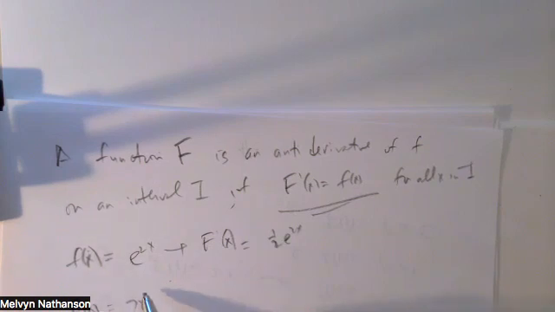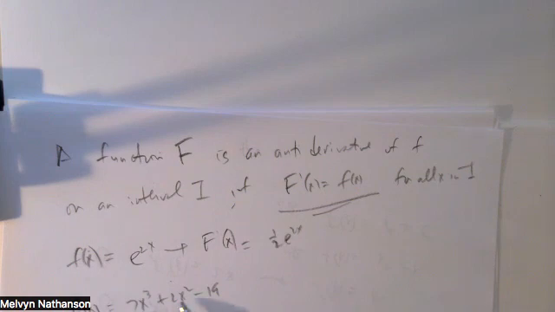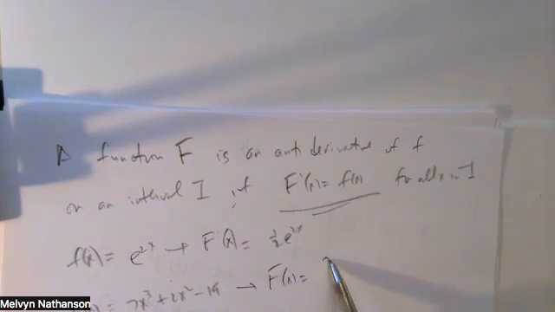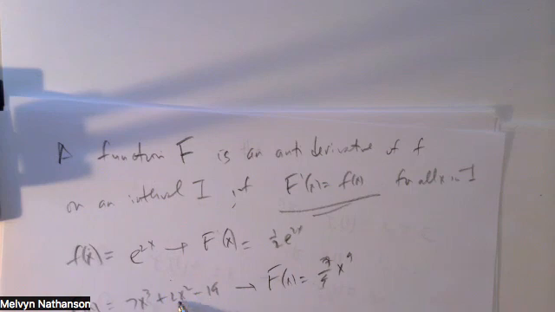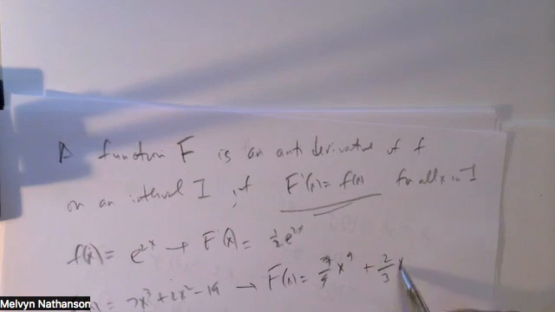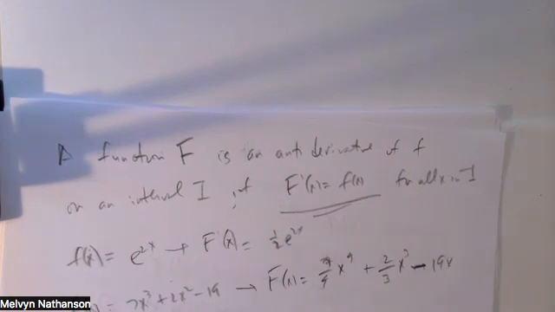If f of x is 7x cubed plus 2x squared minus 19, what's a function whose derivative is 7x cubed plus 2x squared minus 19? Let's see, what's an antiderivative of x cubed? 1/4 x to the 4th. So capital F of x could be 7 over 4 x to the 4th. That would give the first term, because if I differentiate this, the 4's cancel, I get 7x cubed. An antiderivative of x squared would be 1/3 x cubed. And an antiderivative of 19 would be 19x.